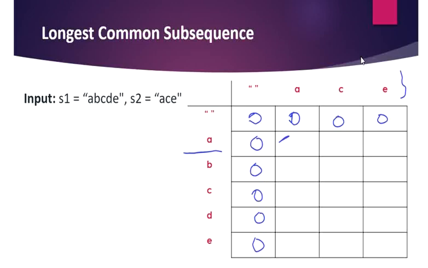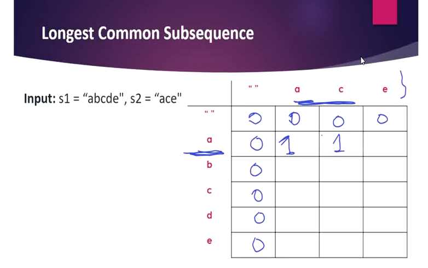First, let's compare the common characters between substring A and substring A. Both are the same character, so we put a 1 because there is one character match. Now moving on to our second cell, we compare the string A to AC. What are the common characters? Again, they have a common A, so let's fill in 1.